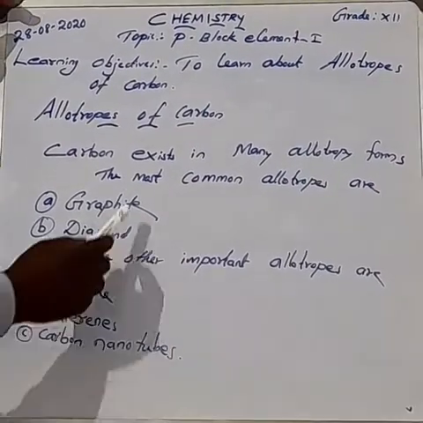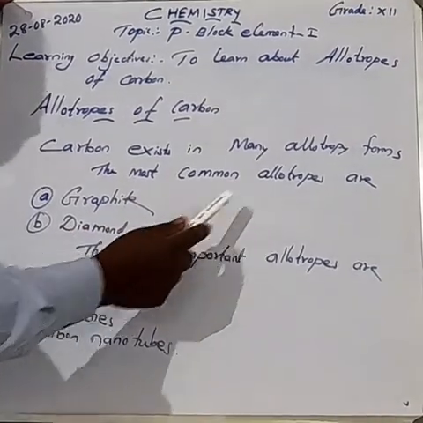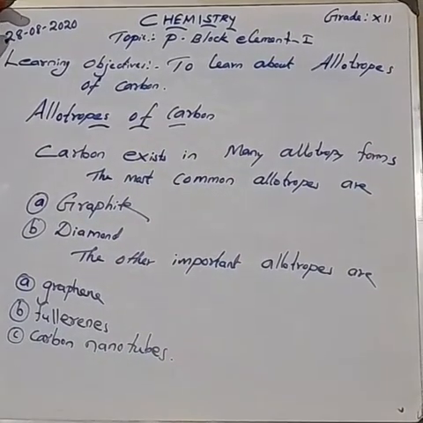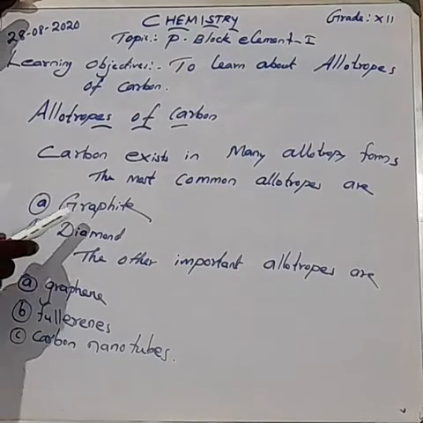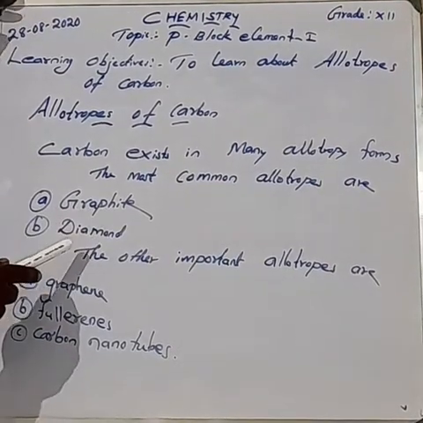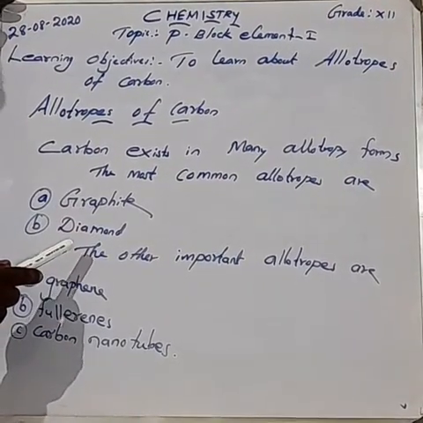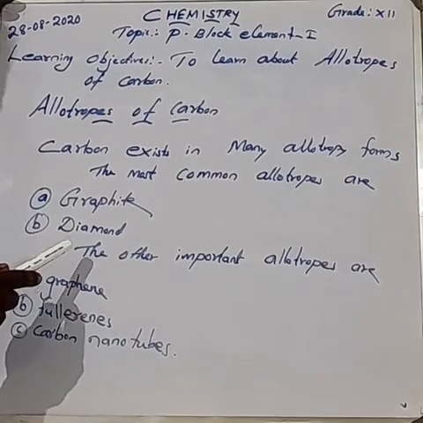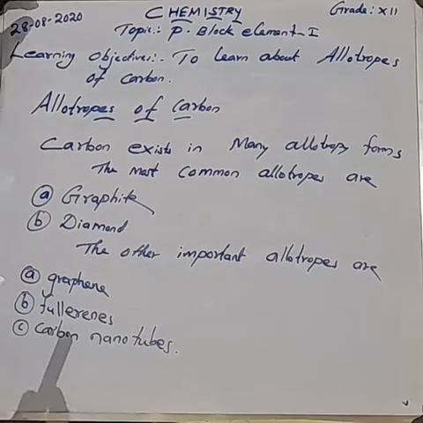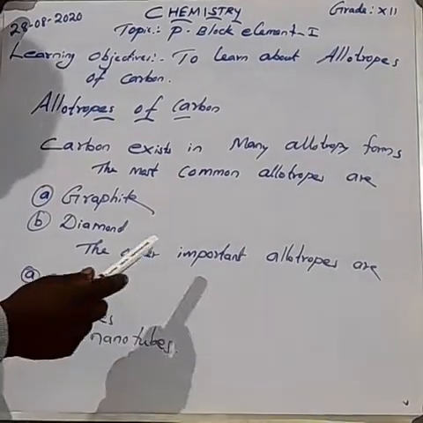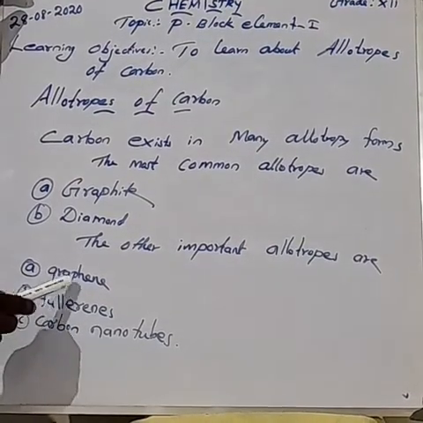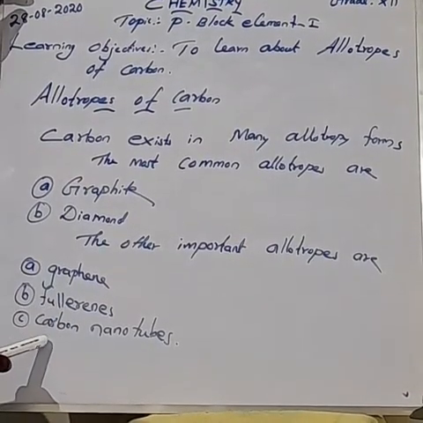The most common and very important allotropes are graphite and diamond. Other important allotropes are graphene, fullerene, and carbon nanotubes.